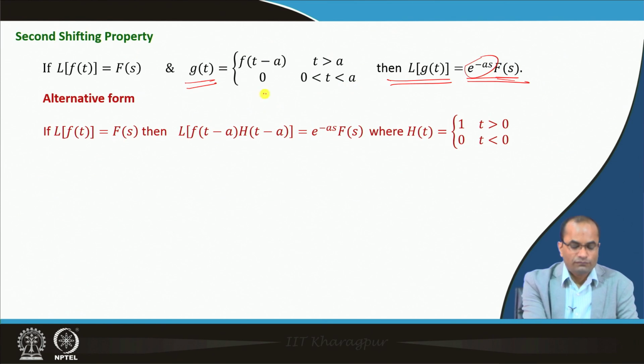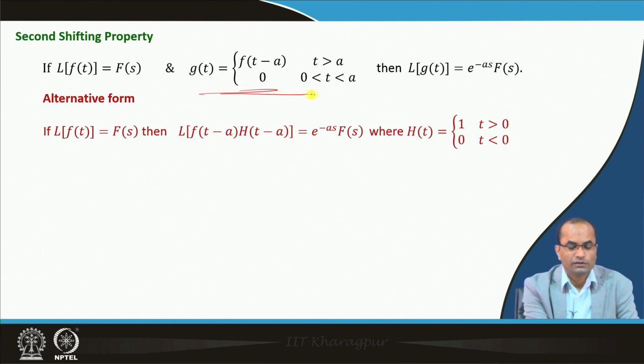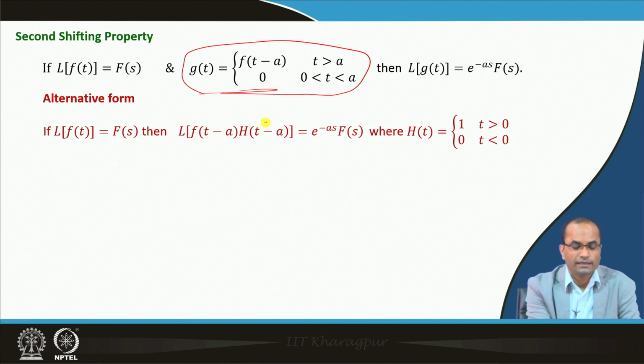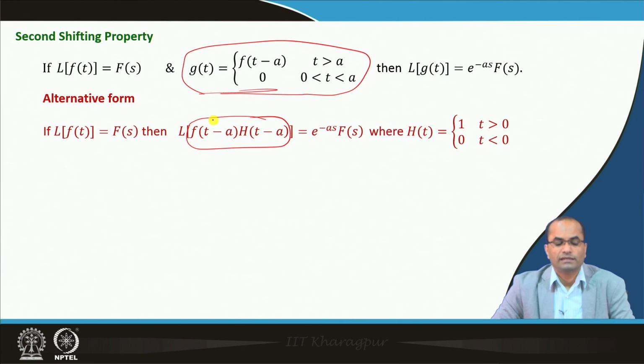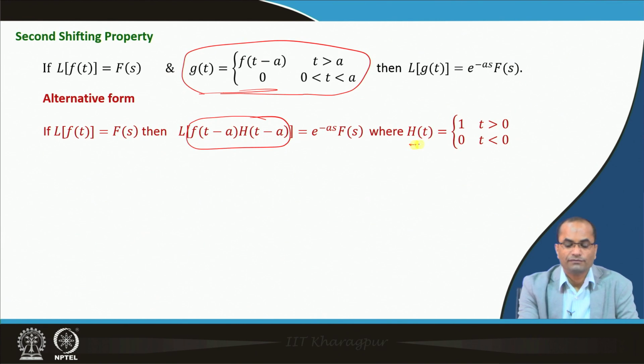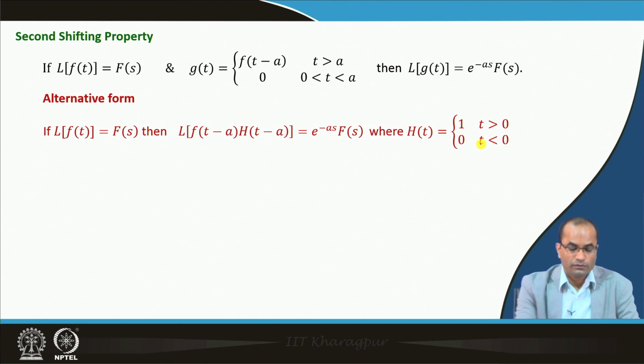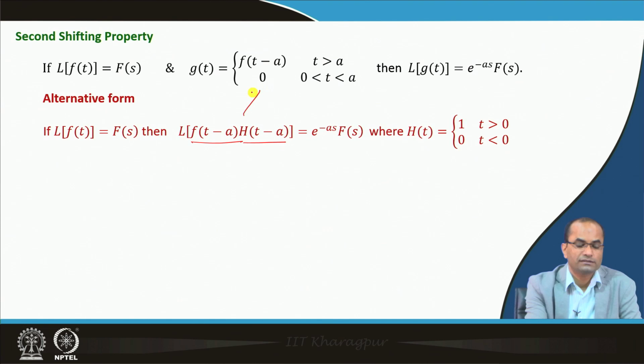The alternate form, which is also convenient to write this g(t), instead of writing in this way, we can actually write in this compact form f(t − a) times the Heaviside function H(t − a). Recall this Heaviside function, when t is greater than 0 it is 1, t less than 0 it is 0, and now f(t − a) H(t − a) is exactly this function g(t), because when t is greater than a, this will become 1.